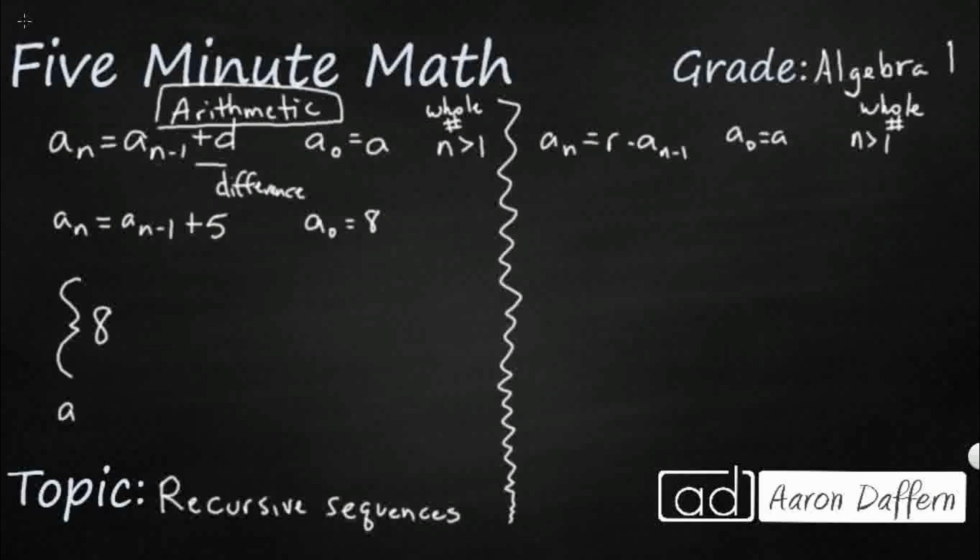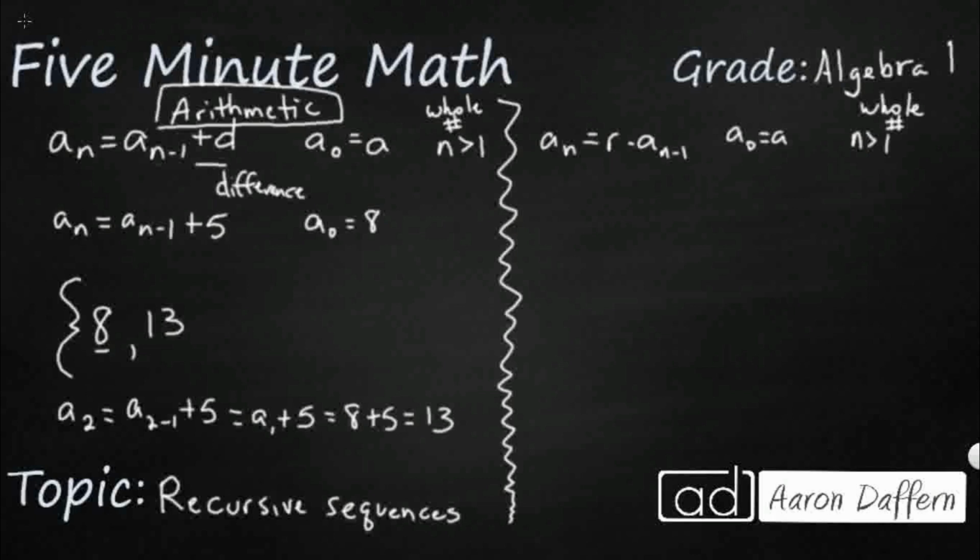So I would say a of 2 equals a of 2 minus 1 plus 5. So a of 2 minus 1 means a of 1 plus 5. What was my first number of my sequence? That's going to be 8 plus 5. That equals 13. So my second number, a of 2, is going to equal 13 because that's a plus 5.